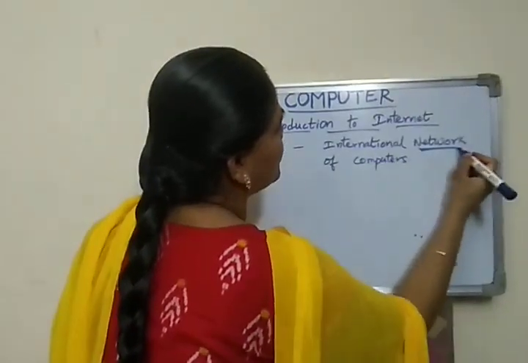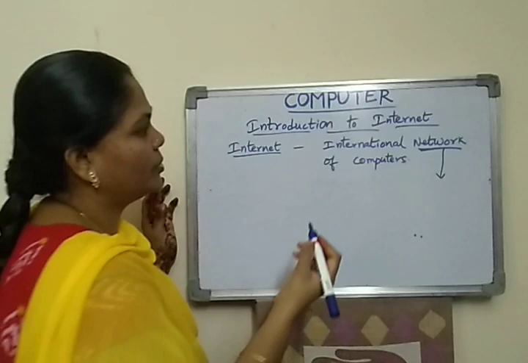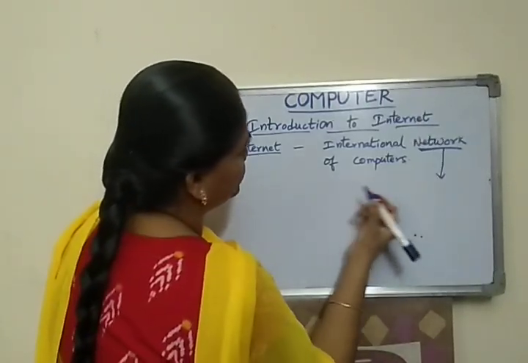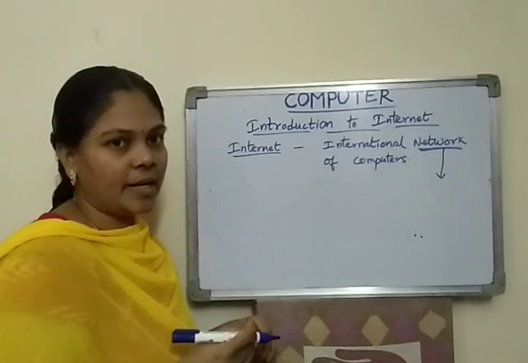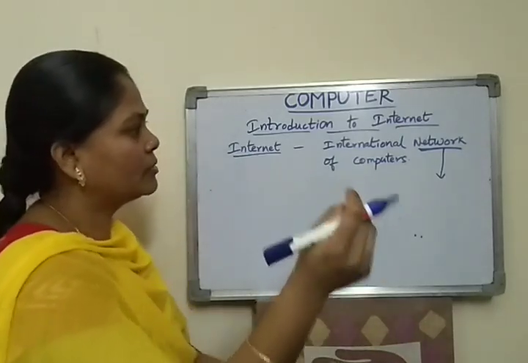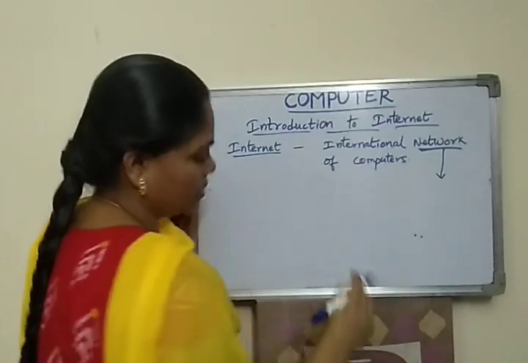Computers. What is a network? It's a collection of computers, and those are connected through cable or satellite. So network of computers which are connected through cable or satellite.